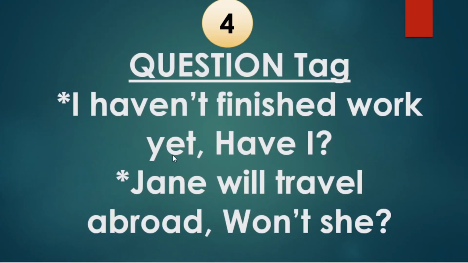The fourth type of question in English is the question tag, and this has its unique characteristics by being attached to the end of the sentence. It follows a statement, and what makes it distinguished is that it goes the reverse way of this sentence. So if the sentence is negative, I affirm the question. If the sentence is affirmative, I negate the question.